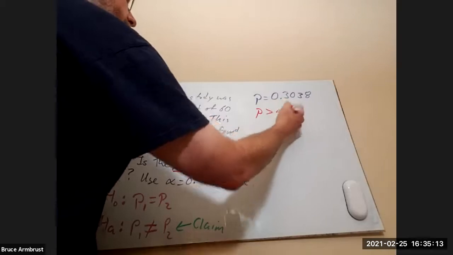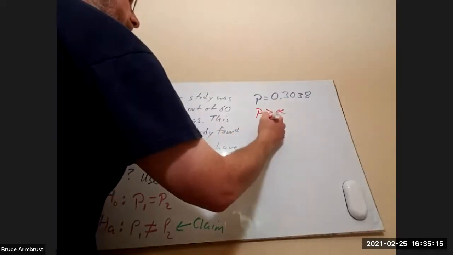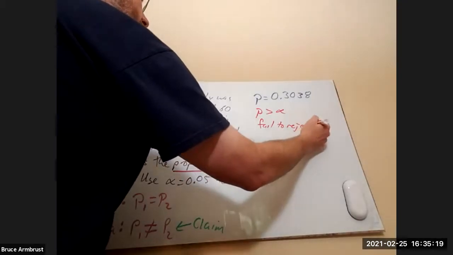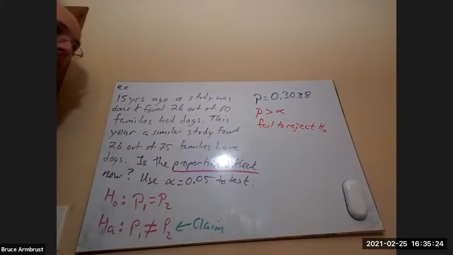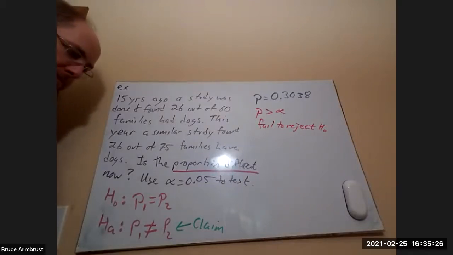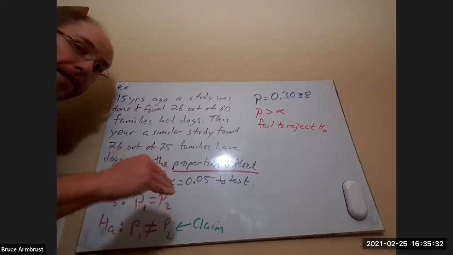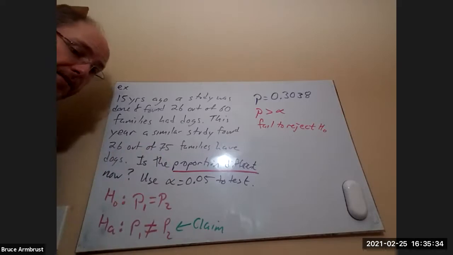So just like that other one, we're going to fail to reject H naught. Okay, so H naught said that the proportion is the same today as it was 15 years ago.